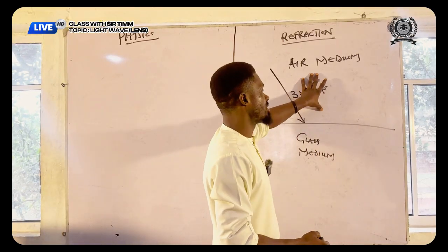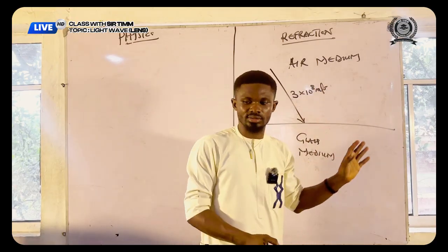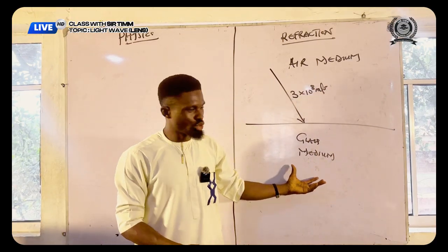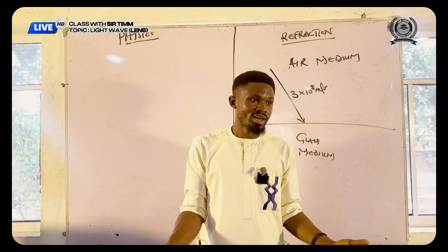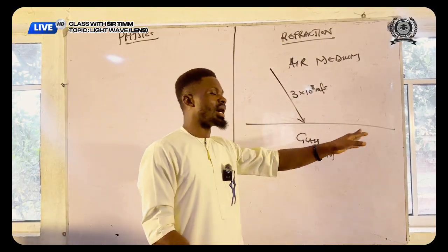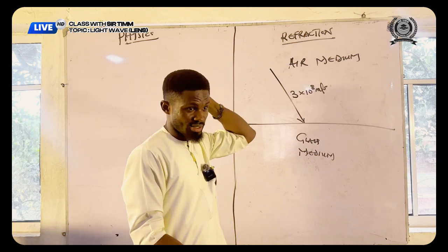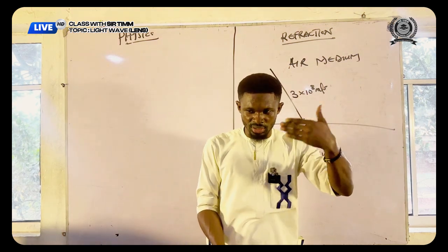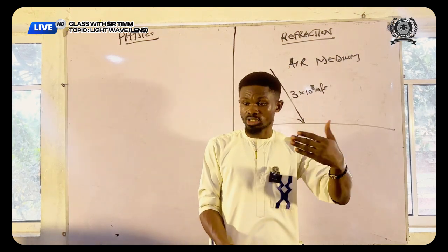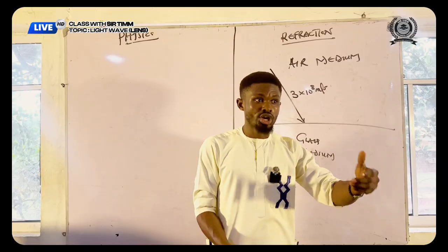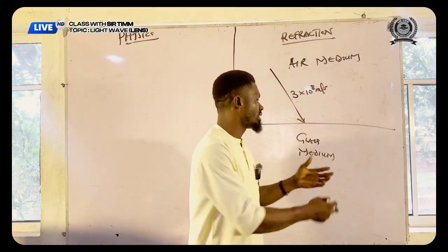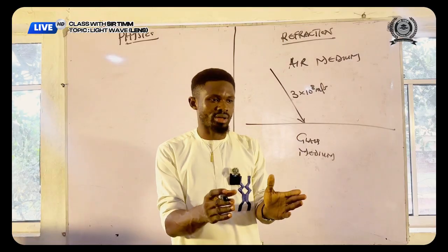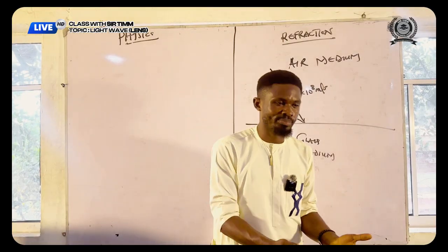This has a density less than this, isn't it? So glass is denser than air. True or false? So for light to pass through glass, just like we said about transmission, diffuse transmission, selective transmission, direct transmission, isn't it? You find out that not that the glass is a barrier, but glass is an obstacle. Am I communicating?